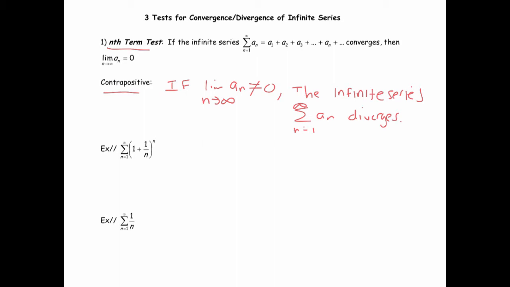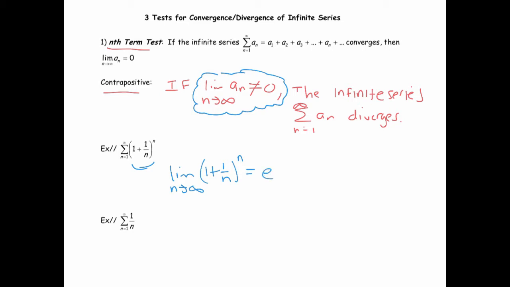So that gives us a quick test. The first thing we need to do is just make sure that our terms are going to 0, because if they're not, we can immediately state that it diverges. So this first example, we've got the infinite series of (1 + 1/n)^n. But we know from a previous unit that the limit of this is not 0, it's e.